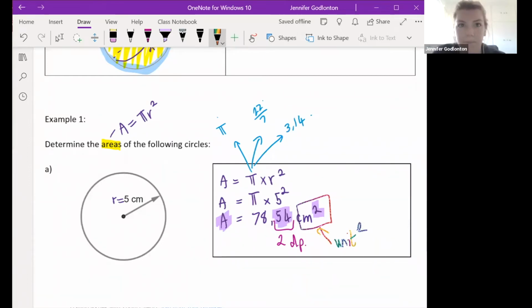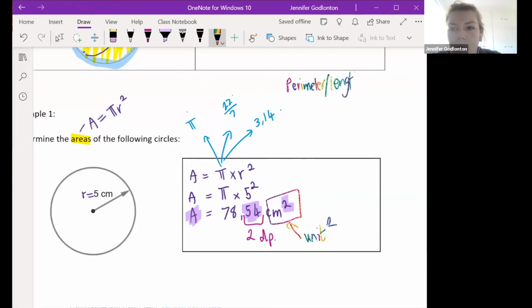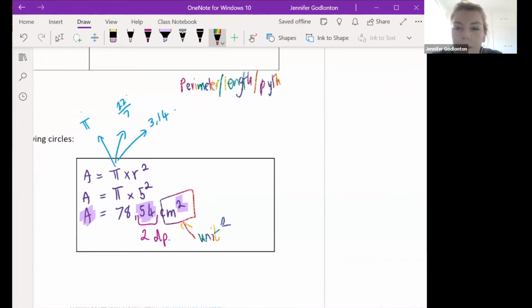Every time, no exception. Let me actually just write this down for you. If we're dealing with perimeter or length or Pythagoras, any of those, we would have a single unit, meaning millimeter, centimeter, meter, depending on what your question has.